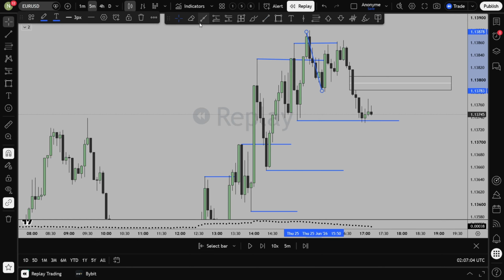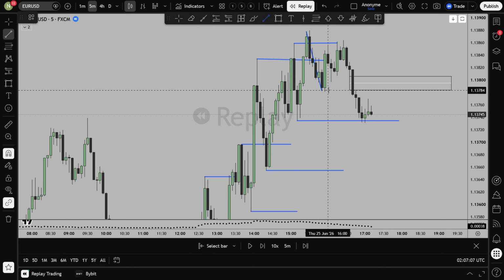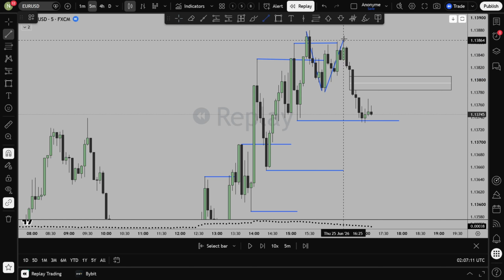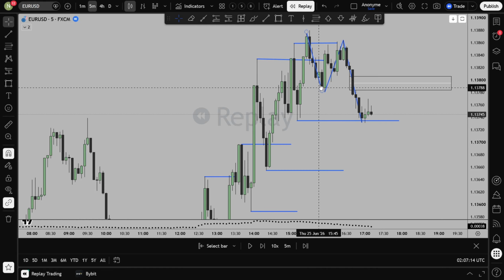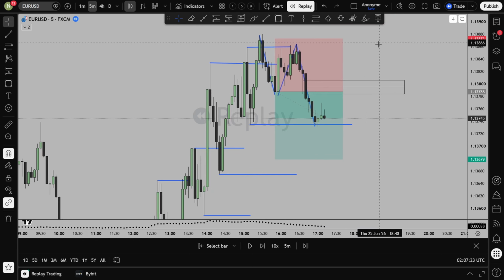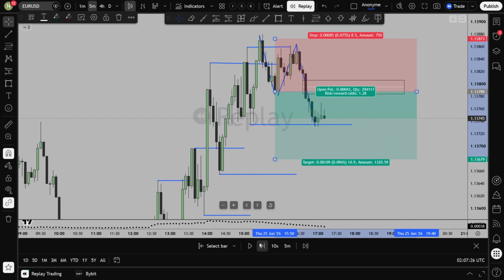This is the first impulse, then this is the second impulse, then we have the third impulse, which is this one. So in this case, we could use this one, or you could enter here. So you'll have your entry here, your stop loss would be a little bit higher, and you are waiting.